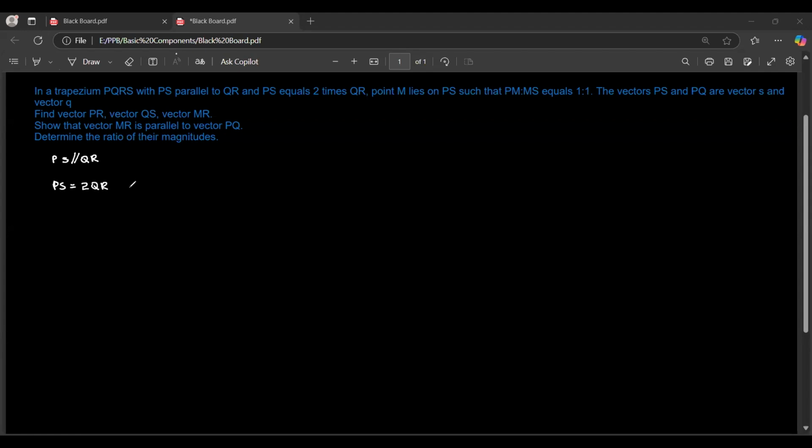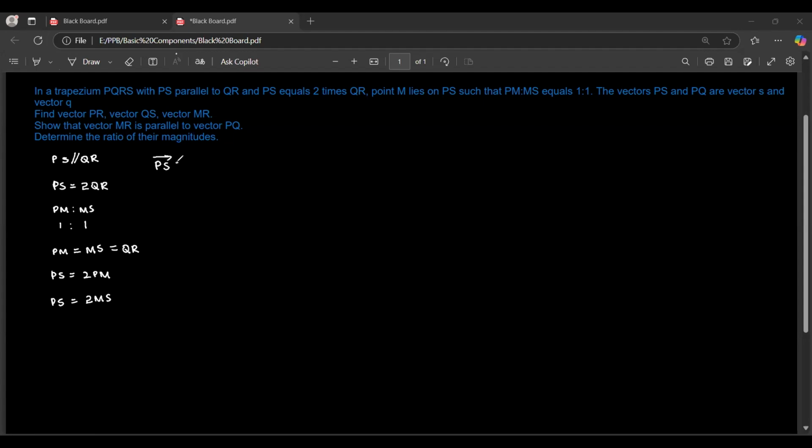Point M lies on PS such that PM is to MS is 1 is to 1. So they have told us PM is to MS is 1 is to 1, which means PM is indeed equal to MS. So that means PS is equal to 2 PM and PS is also equal to 2 MS. So we can say PM is equal to MS is equal to QR.